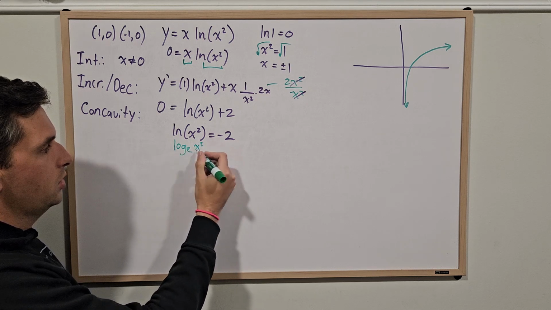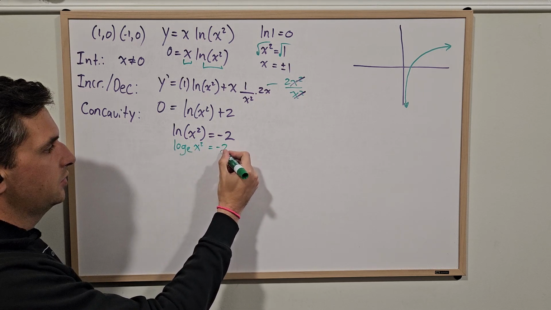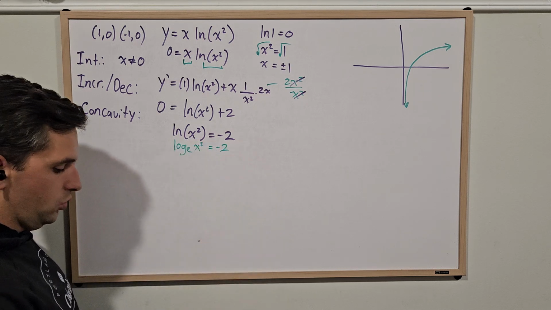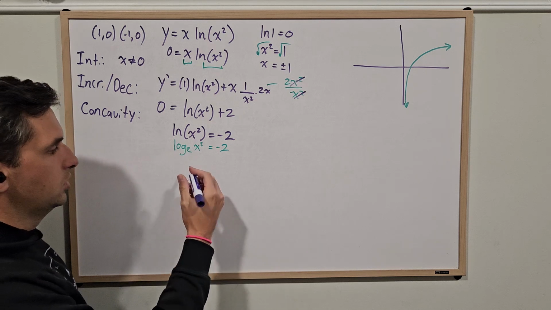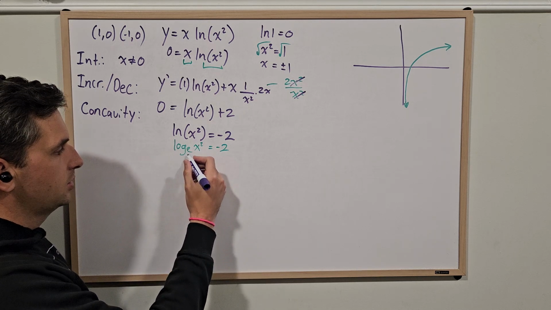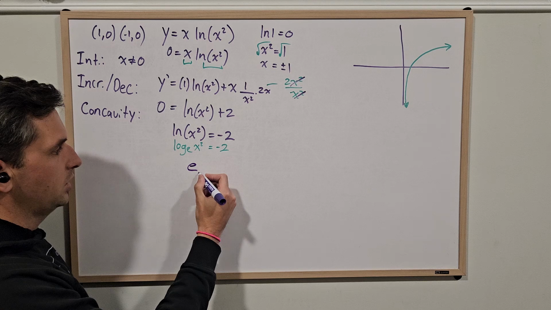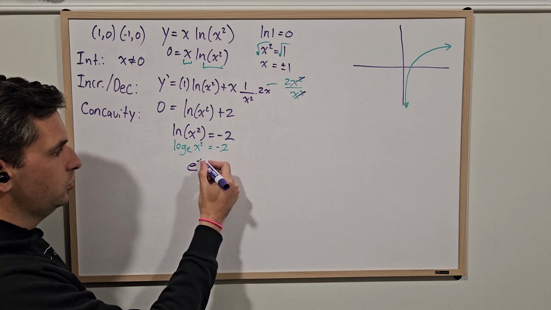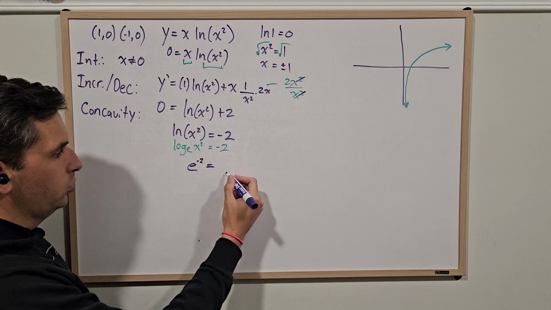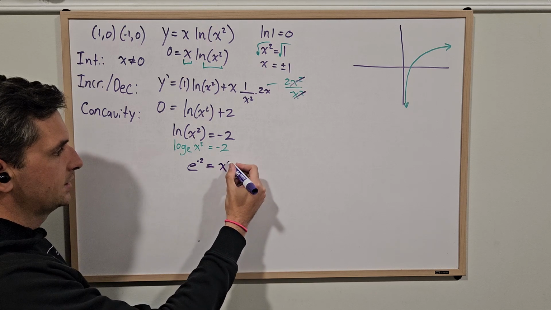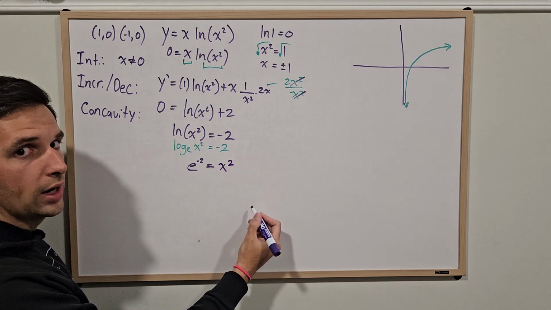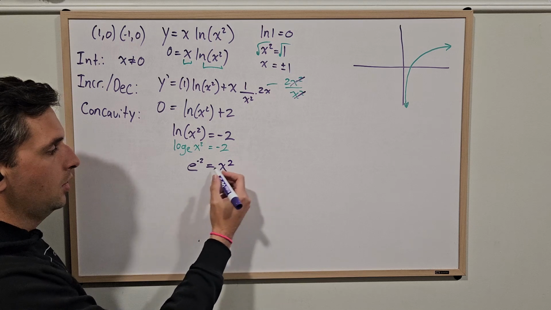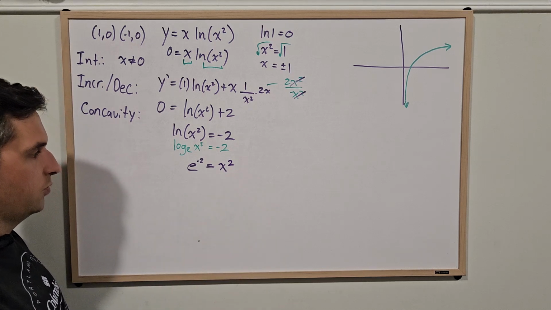To the x squared here is equal to -2. So in order to rewrite this, my base will be e for the exponential function. My exponent will be -2, and that will equal x squared. Okay?